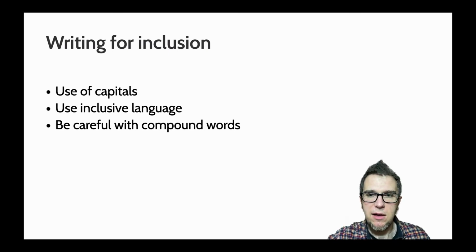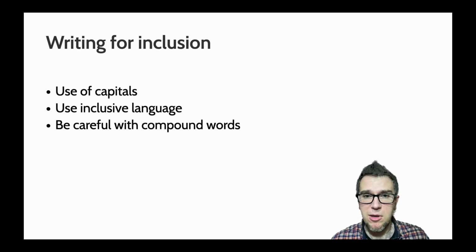But we seem to have a love of making up new words, which is okay, but we need to be careful. Especially when we make up new compound words like homepage or sitemap, which are generally harder to read and can be an issue for people using screen reader software. For example, homepage is sometimes pronounced homepage, sitemap pronounced sitemap.